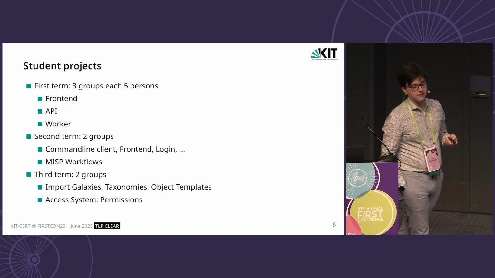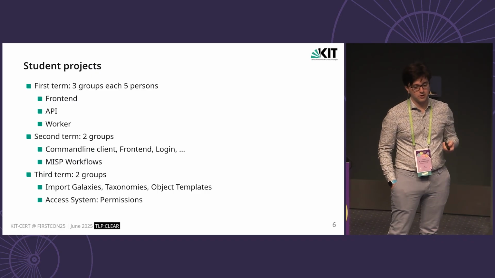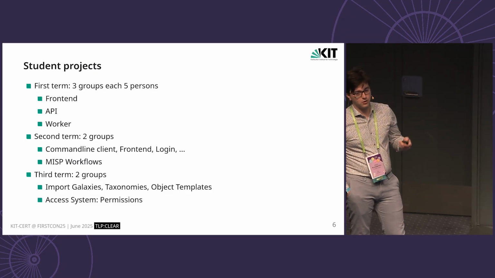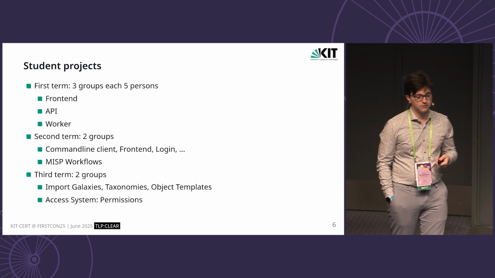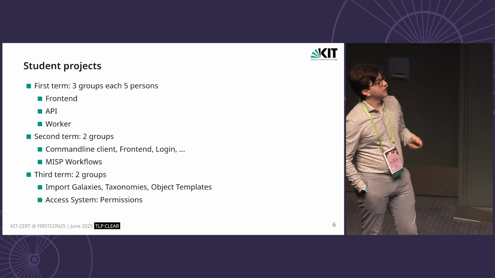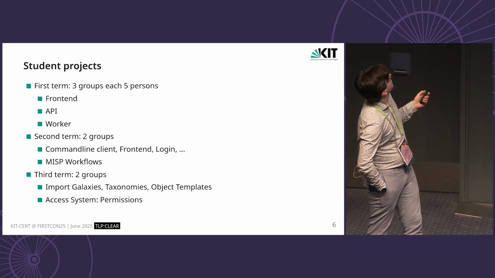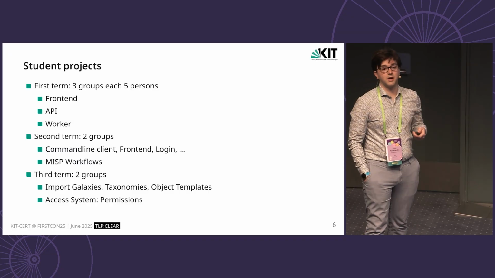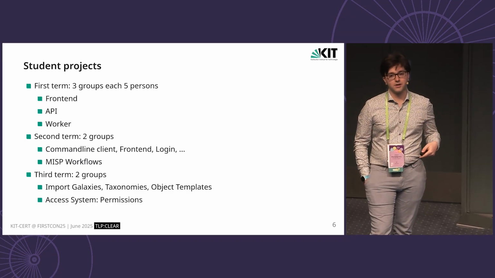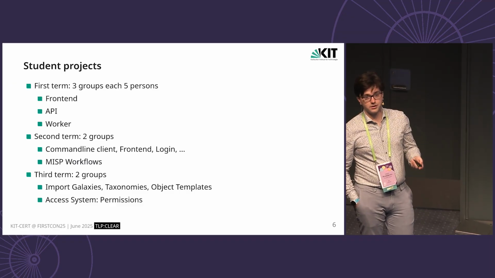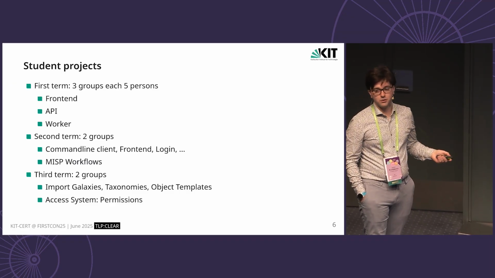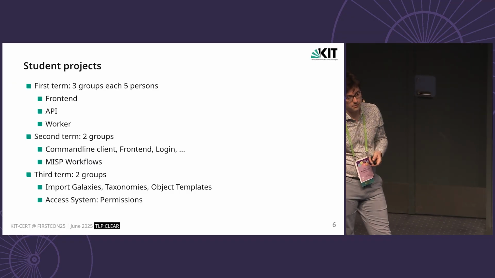So in the first semester, we had 3 groups actually, because we had more students when we had projects. So I said, okay, let's do another project. And I was designing, okay, let's do the front end, the API, and the workers. Workers are just long-running jobs, for example, push and pull, synchronization, enrichment, correlation, and so on.